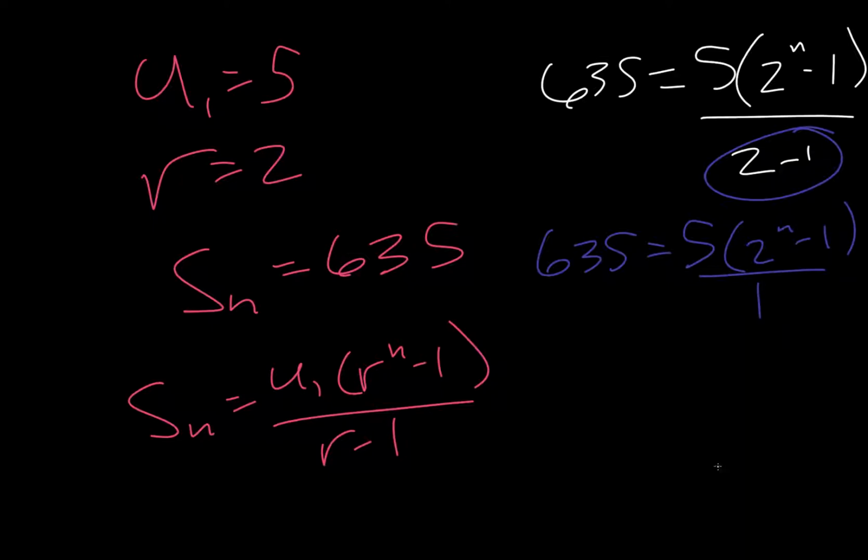If the bottom of a fraction is a 1, we can just get rid of it. Okay, let's distribute. 5 times 2 to the n minus 5 equals 635.